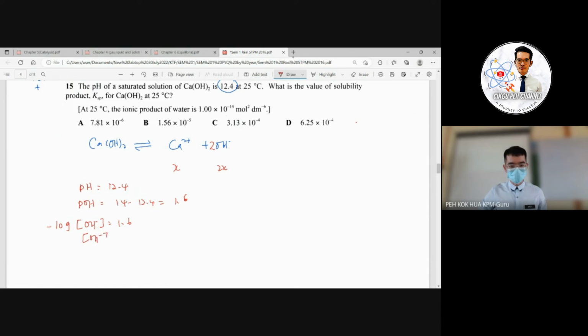So the concentration of hydroxide ion will be 0.025 mol per dm3. From the equation, 2 mol of hydroxide is involved with 1 mol of calcium ion. So the concentration of calcium ion will be half of 0.025, so we get 0.0125.